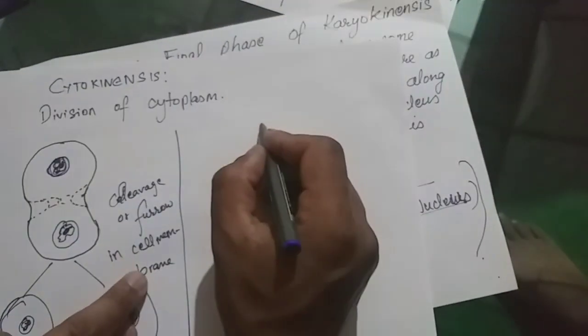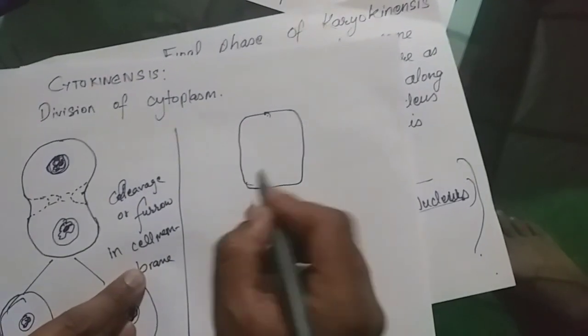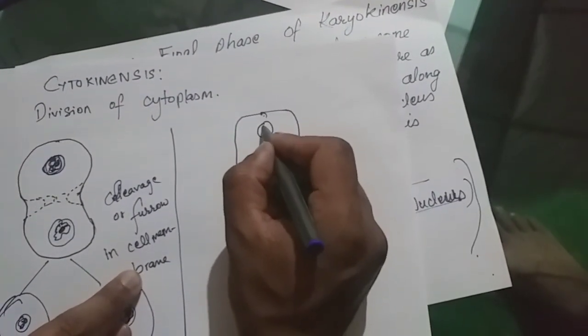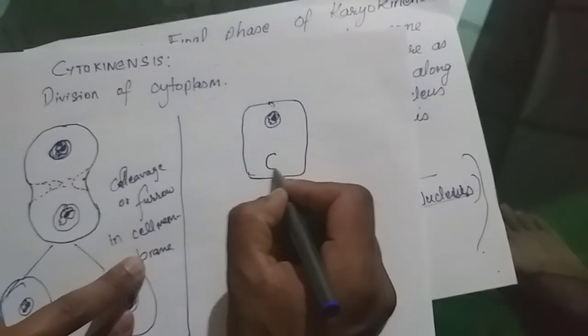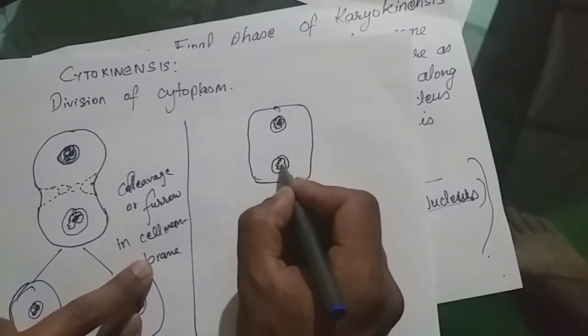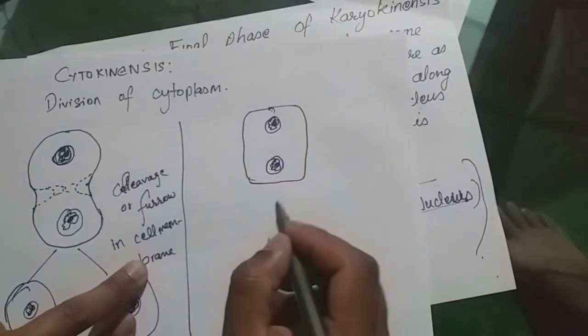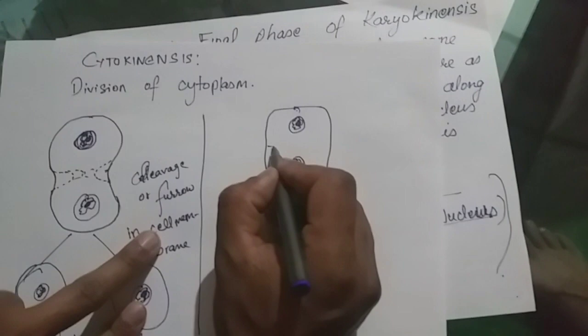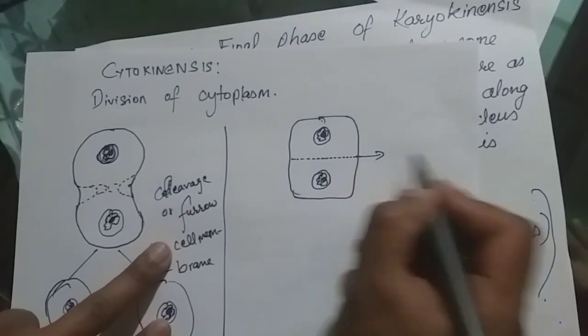But in case of plant cell, if you observe properly, this is the final phase of the karyokinesis in the plant cell. There are two nucleus, so it is a telophase. What happens is that there is a formation of cell plate between the two nucleus. So this is known as cell plate.